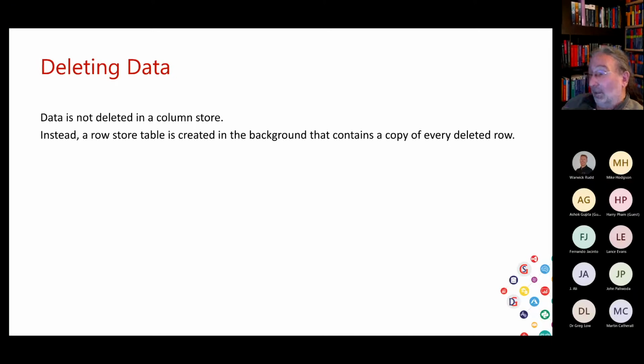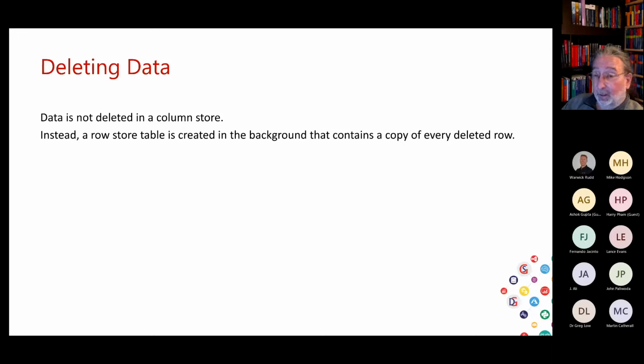And if you actually then delete data and then query the column store, you have to join that data with the column store every time. So even if you just delete one row, they have to join this one row to everything. If you delete a couple of million or billion rows, you're going to see massive degradation in the performance.